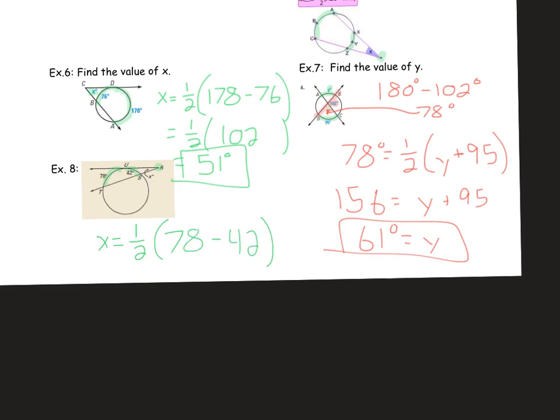If I do 78 minus 42, we're going to get 36. If I take half of 36, we're going to get 18 degrees for the measure of that angle.